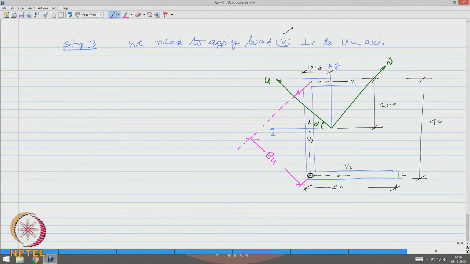Okay. Interestingly, if I call this point as point A, by taking moment of forces about point A, V3 and V2 will have no component.